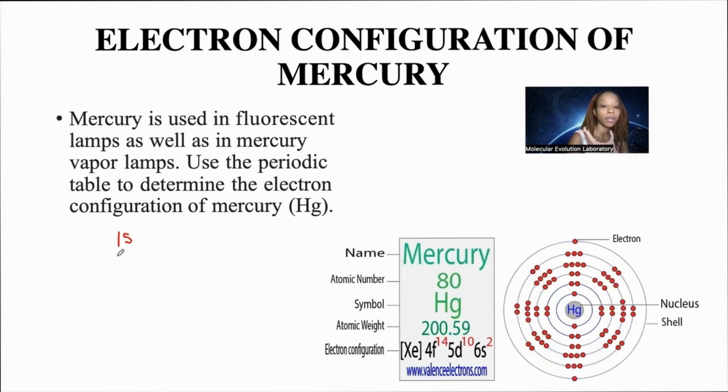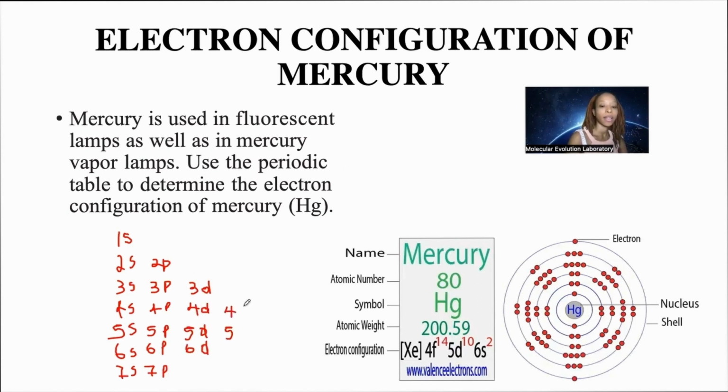So that would be 1, 2, 3, 4, 5, 6, 7. All of these would be s, 1s, followed by 2s and 2p, 3, 4. So that would be p, followed by 3. This is d, 4, 5, and these are f. So we know 1s is 2, 2s and 2p is 6, 6 plus 2, this would be 12, followed by 3p, which would be 6, so that would be 18, plus 2, 20, followed by 3d, 4p, 5s, and 4d.